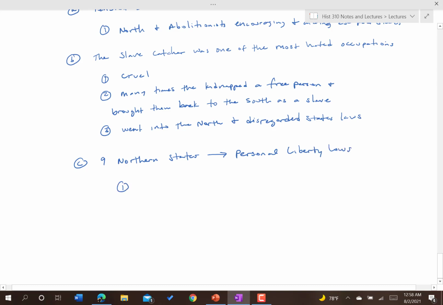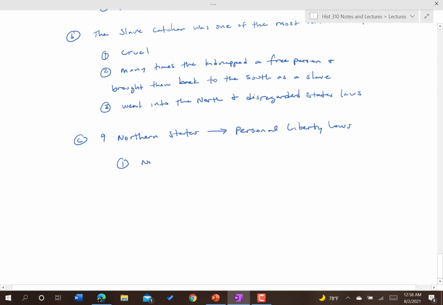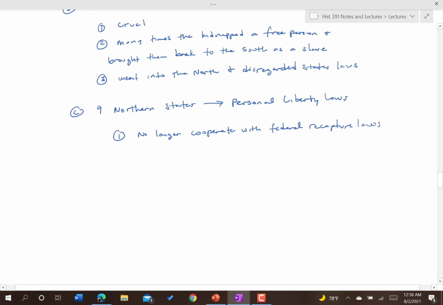And what these did is essentially say they would no longer cooperate with federal recapture laws, such as the Fugitive Slave Act and things like that. And this, of course, as with everything, angered the South. They weren't happy and said, you can't do that. That's unfair. Of course, they said, look, they're targeting our economic prosperity and way of life.